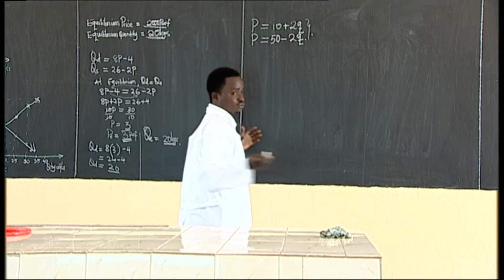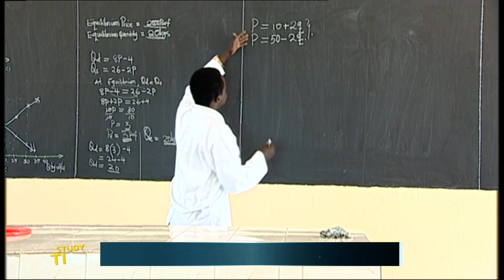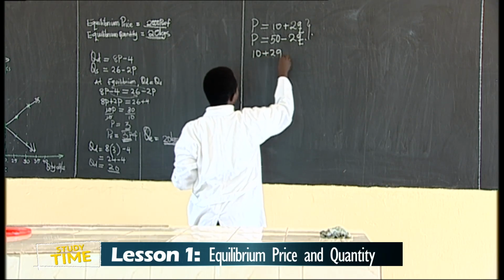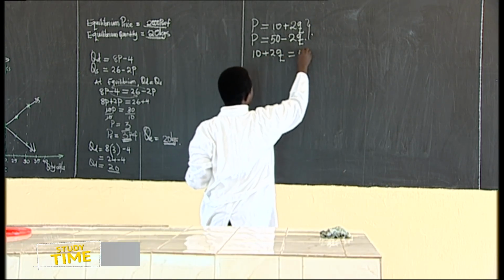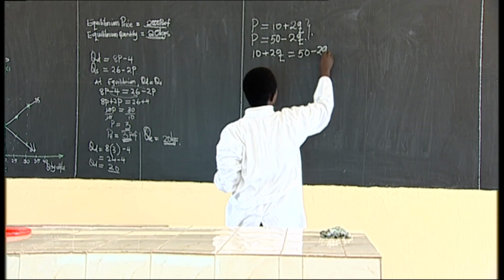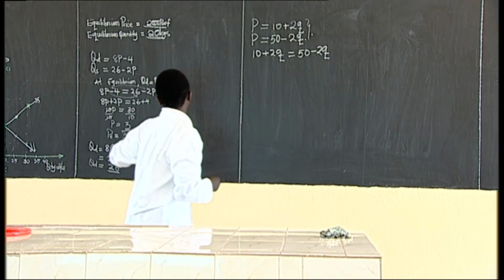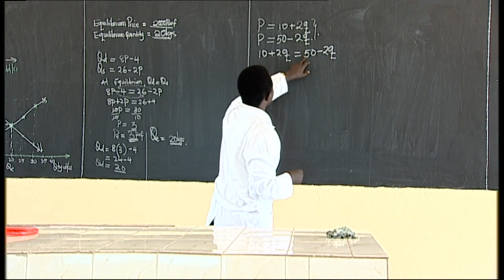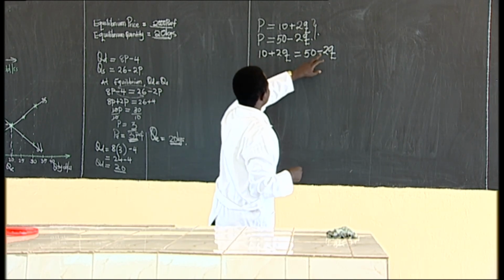So now equate the two equations, because these are all P. So that means 10 plus 2Q is equal to 50 minus 2Q. You collect the like terms as we have done here. You can bring this side or that side.